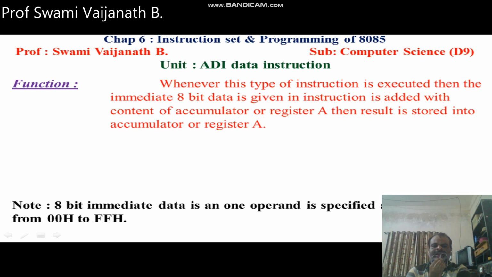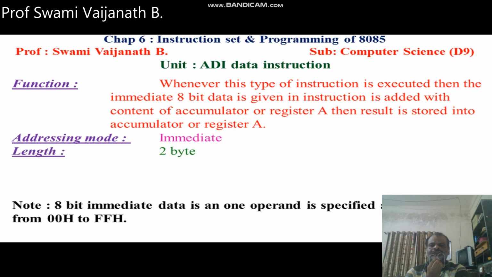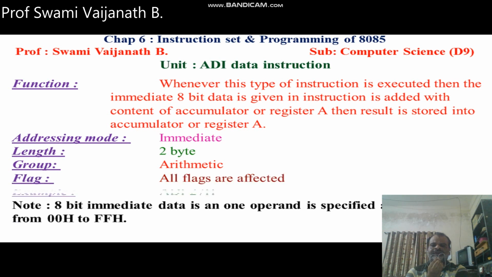That data is added with the content of the accumulator and the sum, that is the result, is stored in the A register. The addressing mode for this instruction is immediate. Length for this instruction is 2 bytes. Group is arithmetical and all flags are affected.